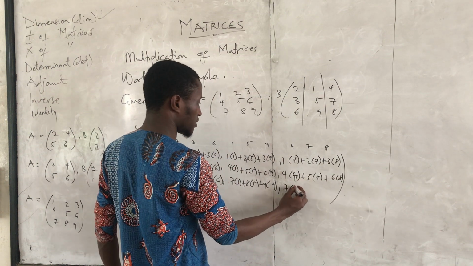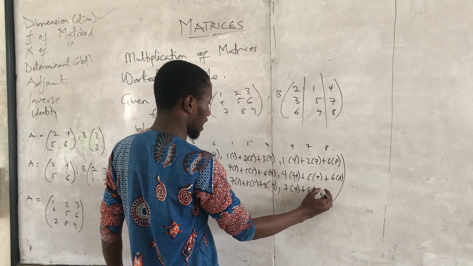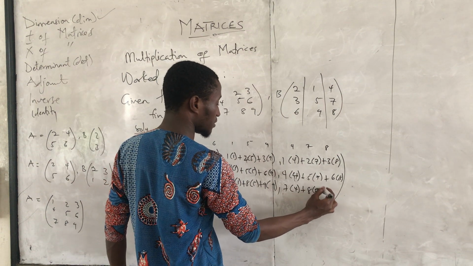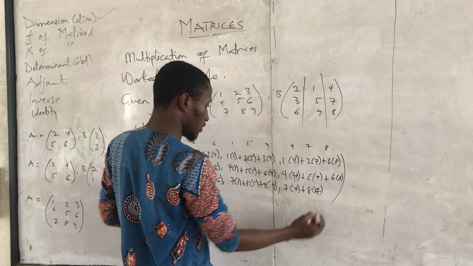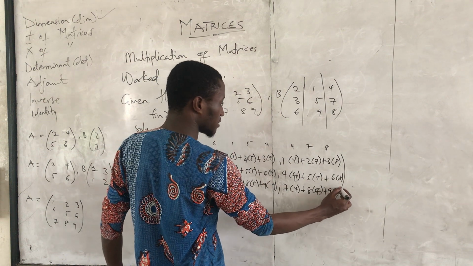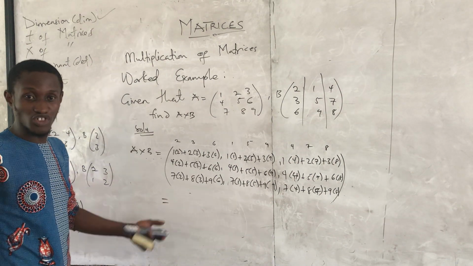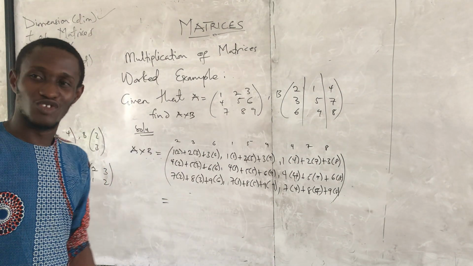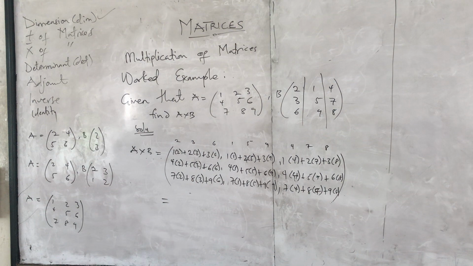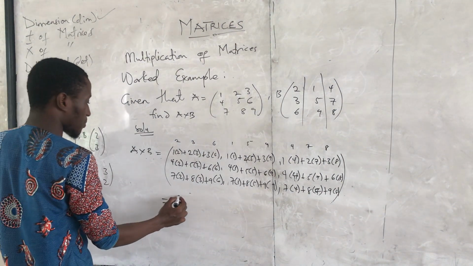Then you have 7 times 4 plus 8 times 7, sorry, then plus 9 times 8. So here, if you are good, you can try and solve it without a calculator. But if you are not too sure, you can take your time.